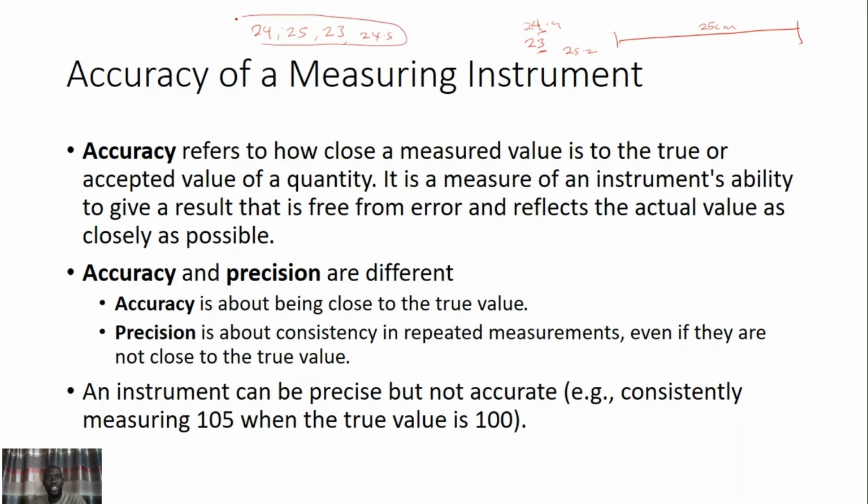The precision for this instrument is higher than an instrument that gives us 20, 25, 26, 30. You see, the closeness of the several observed values is more here than here. So this instrument is more precise. The precision is higher here. Okay, that is the difference between accuracy and precision.